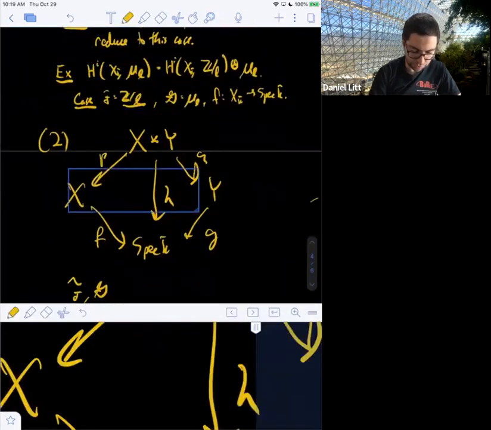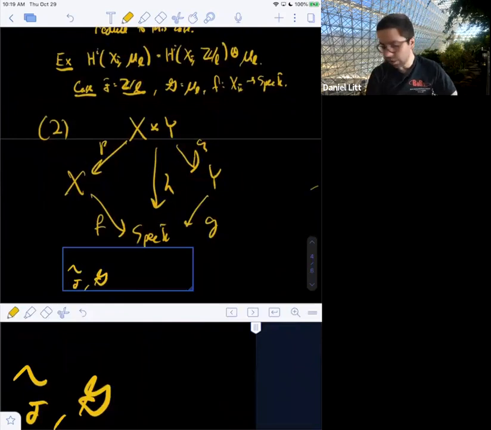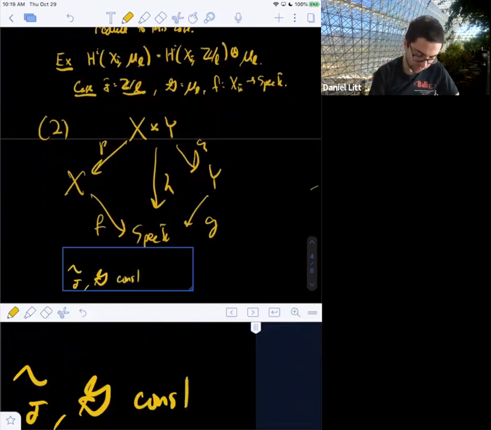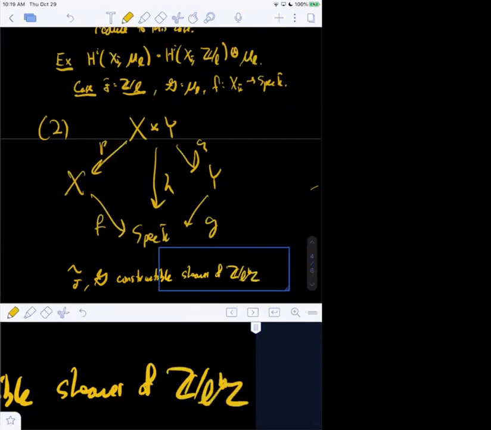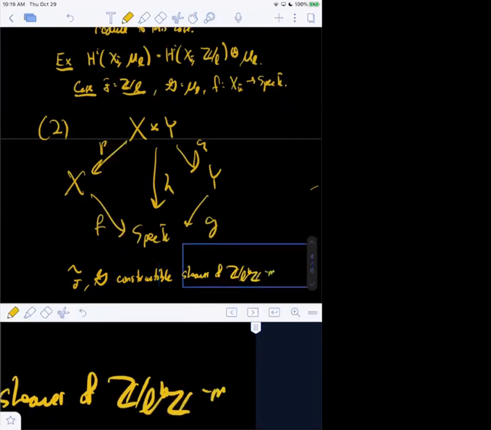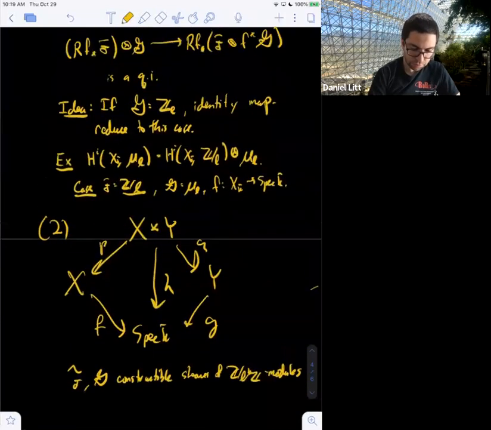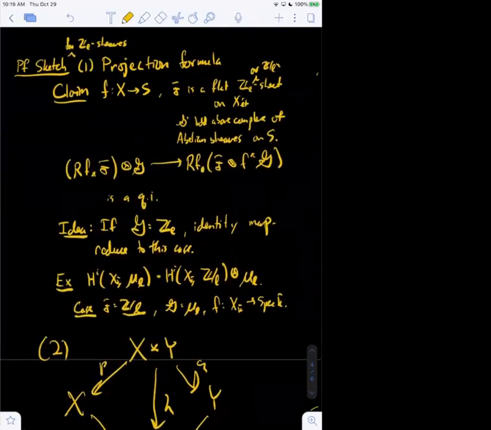So I'm now going to work in the torsion setting. So F and G are going to be constructible sheaves of Z mod L^n Z-modules. And in those cases, F is actually flat, right? Yes, then F is a sheaf of free Z mod L^n Z-modules.